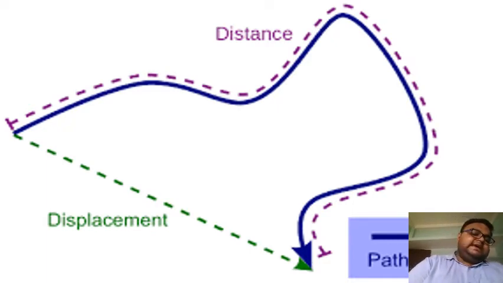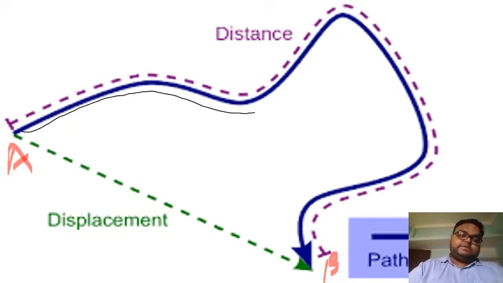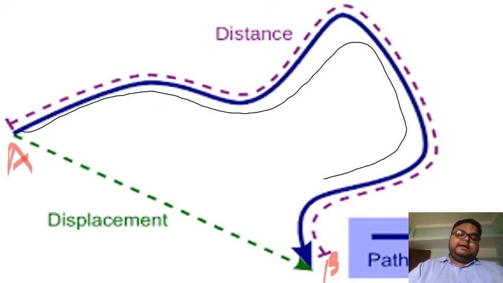Let's say there is a person A standing here and he wants to reach his friend B who is standing here, right? He might take a long path in this direction and come to his friend B. So that will be the distance.